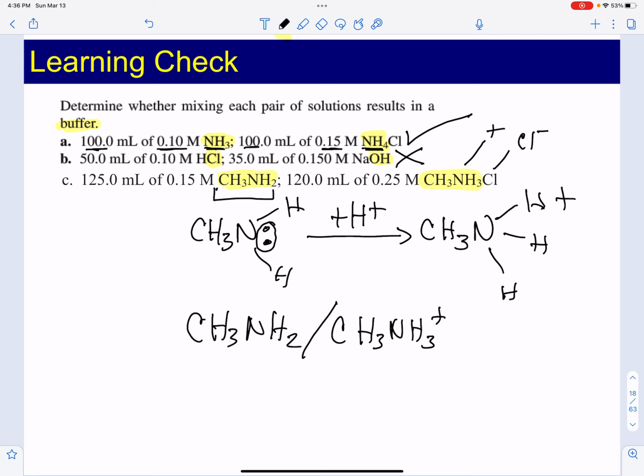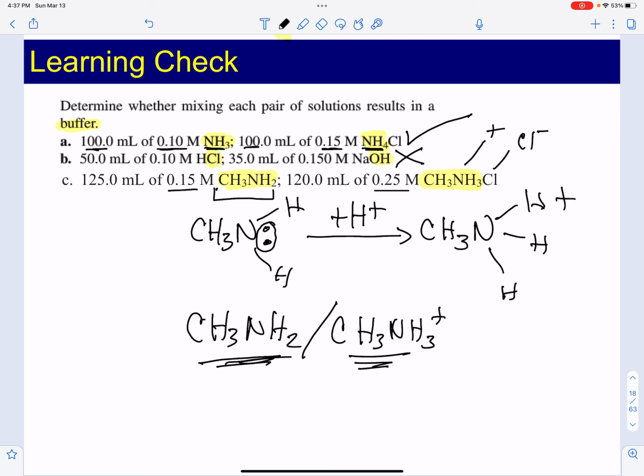So yes, we have, and this is not a strong base. A strong base has to have hydroxide and a metal from group 1 or group 2, except beryllium and magnesium. So this is a weak base with its conjugate acid. Are the quantities more or less similar? 0.15 molar, 0.25 molar.